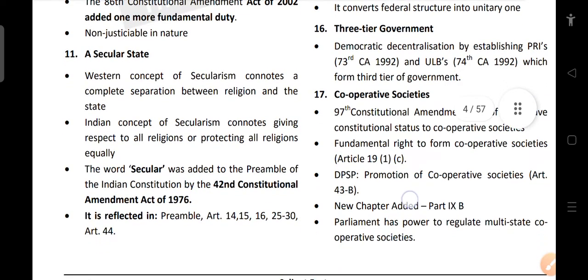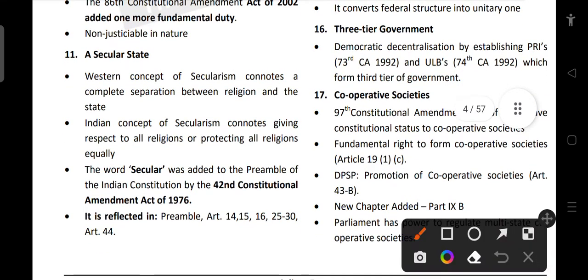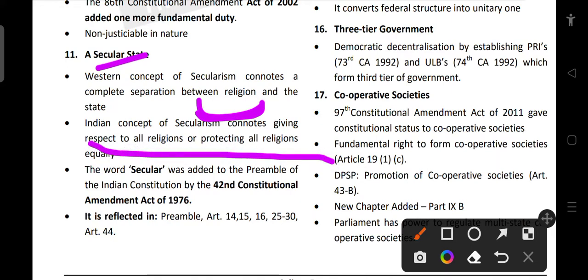And the next feature is that we have a secular state. The Western concept of secularism connotes a complete separation between religion and state. In the West, the state cannot interfere in any religious matter, but in India, it connotes giving respect to all religions and protecting all religions equally. So here, the Indian government tries to uplift and protect every religion.